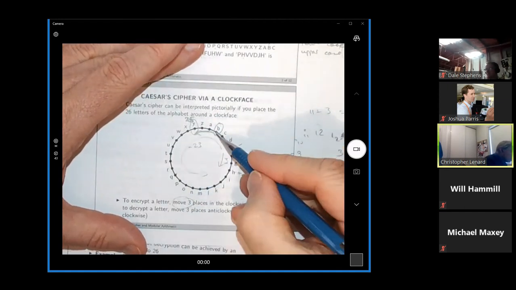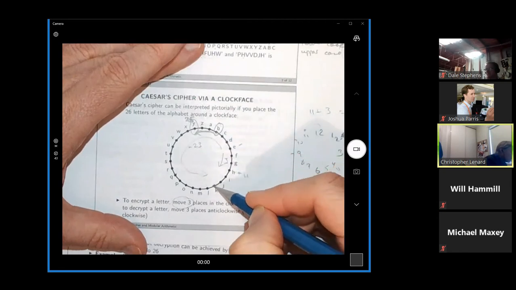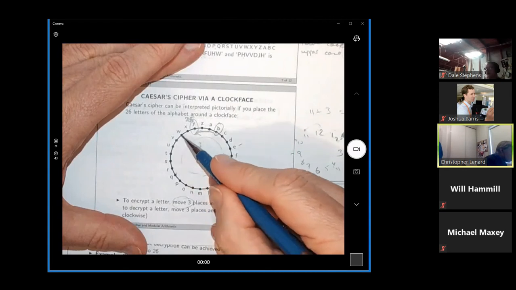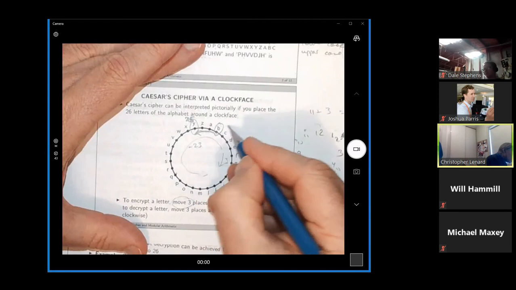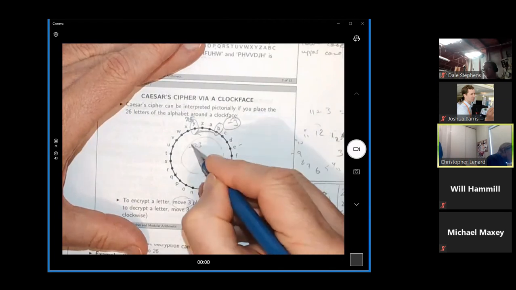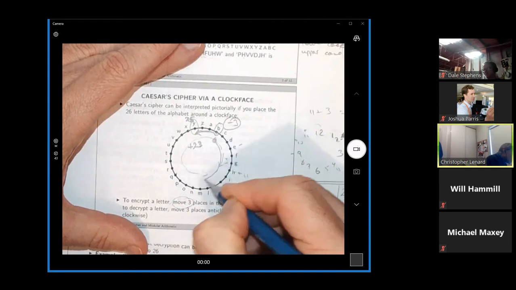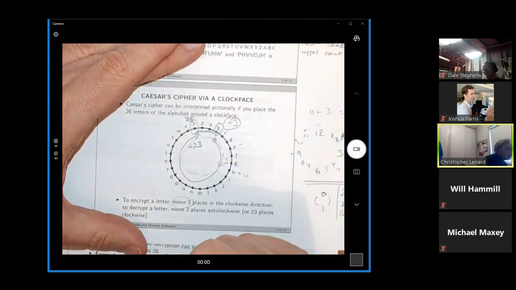That's exactly the same thing as adding 1, 2, 3, 4, 5, 6, 7, 8, 9, 10, 11, 12, 13, 14, 15, 16, 17, 18, 19, 20, 21, 22, 23. So subtracting 3 is the same thing as adding 23. You get to exactly the same spot.